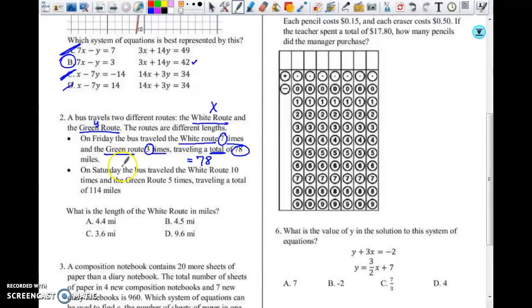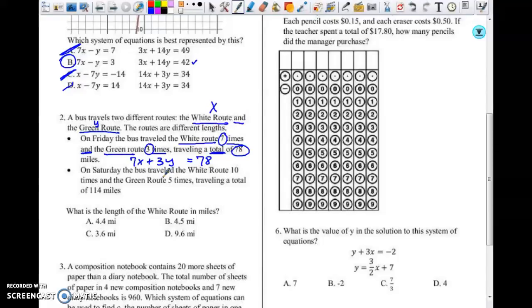We'll give white route the x and the green route the y. White route was 7, so 7 is going to go with x, and, which is my plus sign, 3 is going to go with the green, which we're going to say is the y. So that's one equation: 7x plus 3y equals 78.